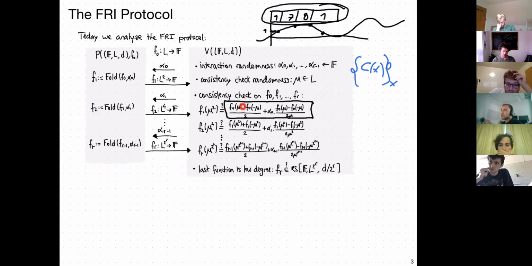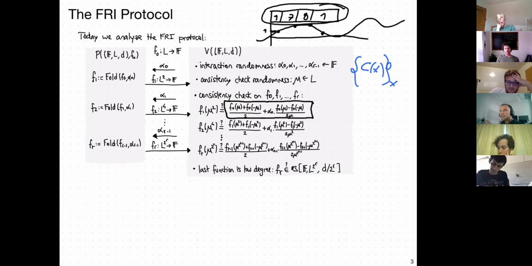So this looks like we have a polynomial here, and we evaluate it at mu. But in fact, we don't. We just make a lookup, and this also explains why mu can only be picked from the domain L. I see. Because I asked this last time.